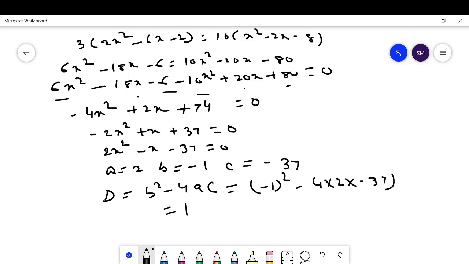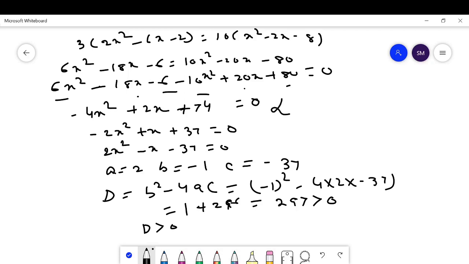Here this is 1. 4 2s are 8, 8 into 37, when you multiply, you get 296 plus 1. Then we get 297, which is a positive number greater than 0. Here D is greater than 0, means we get 2 distinct real roots, alpha and beta.